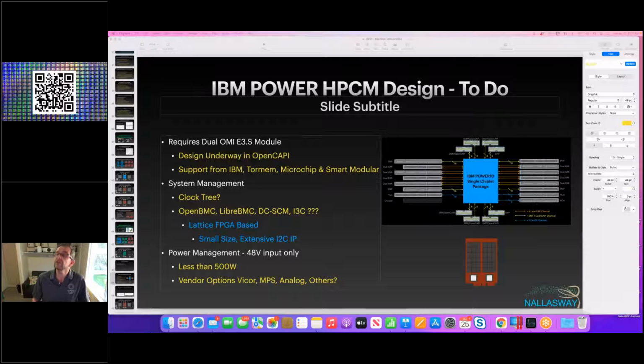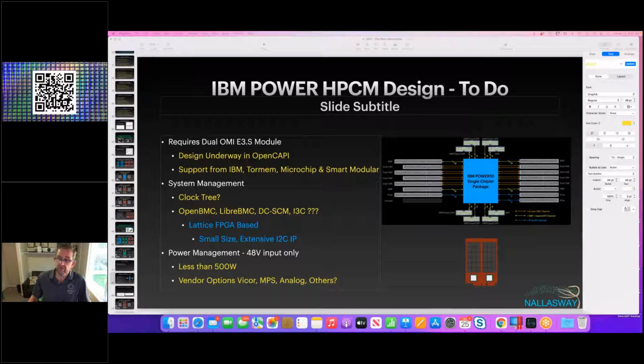Anything else on this one? I realize we've spent all the time on the IBM one, but it's been a good discussion and it is relevant to the other ones as well. We've not really touched on the power side. I'm trying to talk to a few of the power supply companies, seeing if I can get their involvement in helping us bring the power tree together for these modules, and if they want to be featured on there.